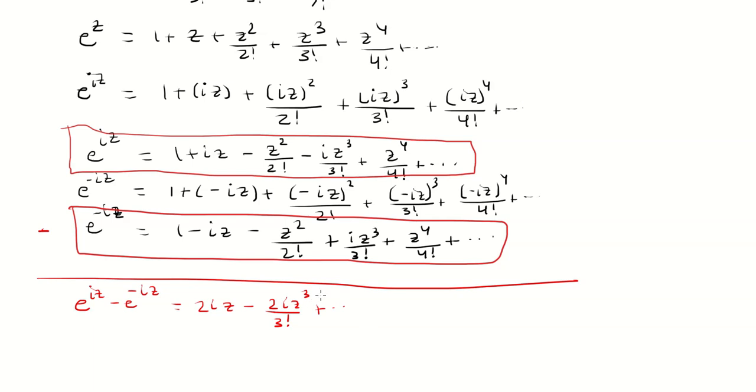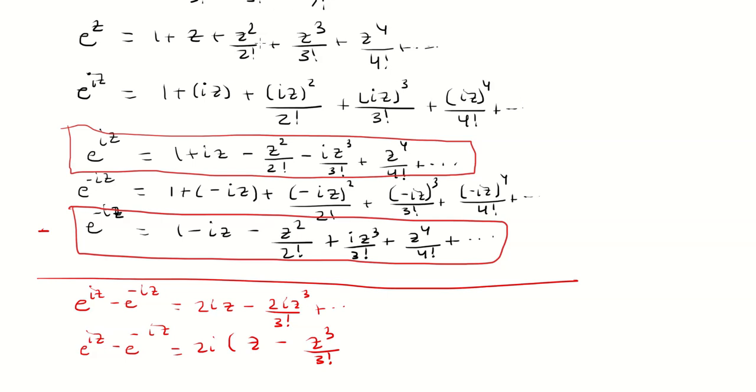And so now this one, I can factor out a 2i and have z minus z cubed over 3 factorial. And I guess I should go one more.